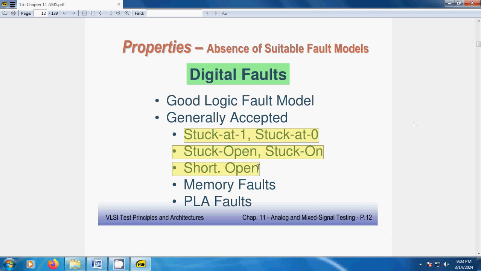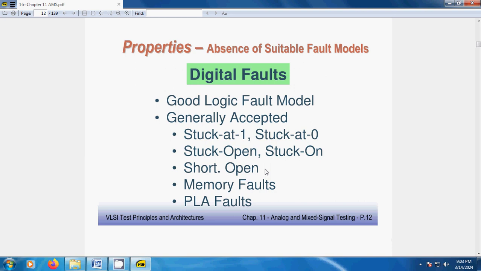Then you go for a further step, applying these fault models in PLA. These fault models are established and checked, and they can be applied for all types of digital circuits wherever necessary. So digital faults are easier to identify because we have a standard fault model.